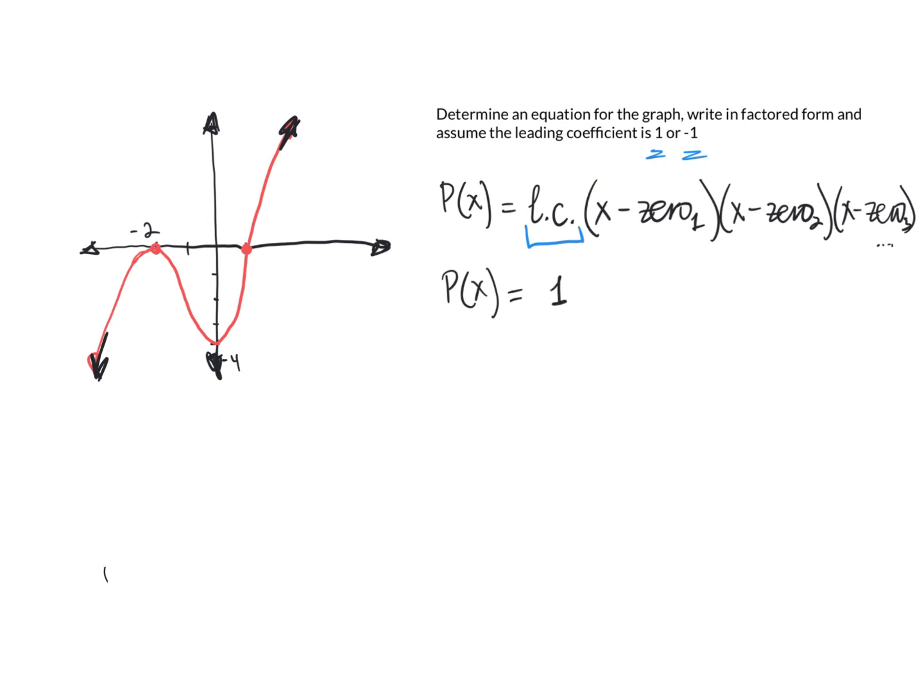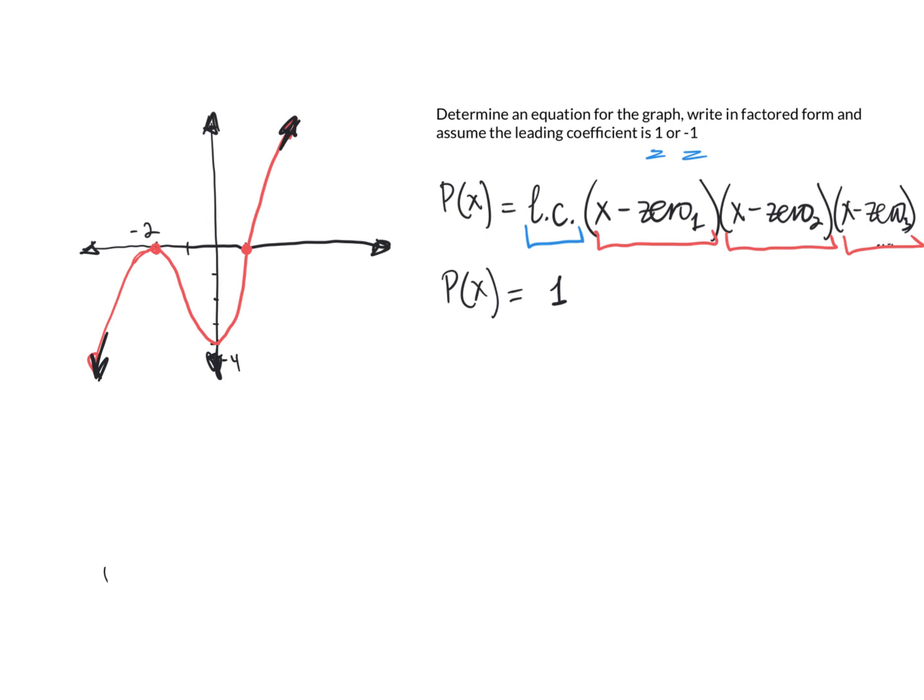The next step is to determine the zeros of our function, because that's what we need for this first factor. We're going to write x minus zero number 1. Zero number 1 will become a number, and then times x minus the second zero, and so on. Maybe we have the third zero, maybe we don't. We're going to have to see.